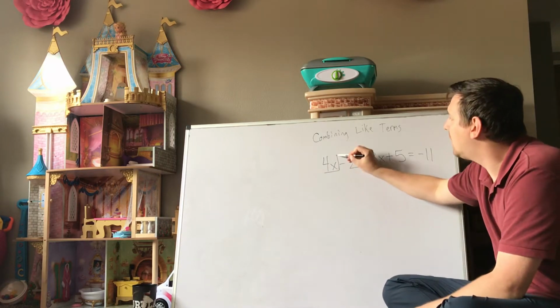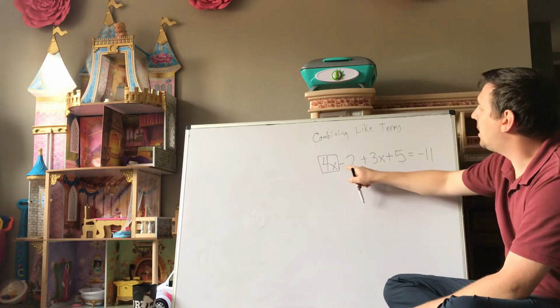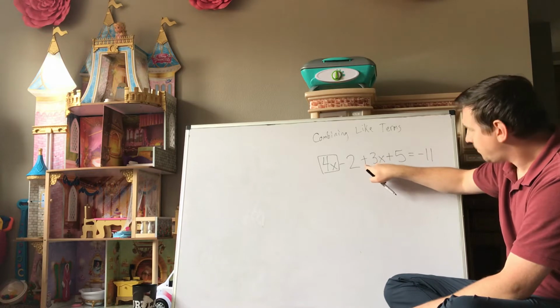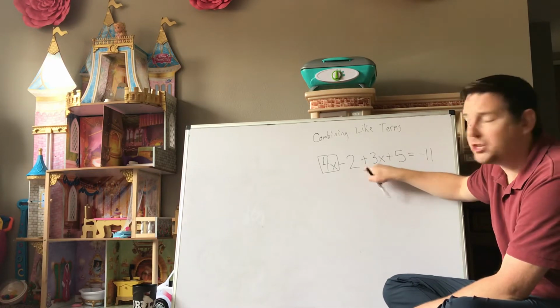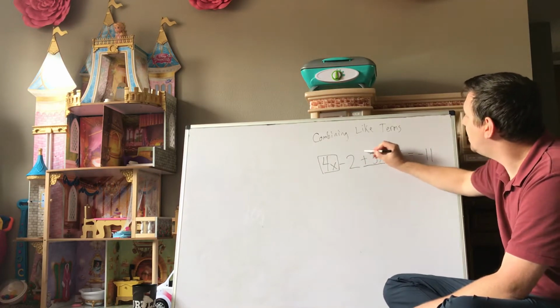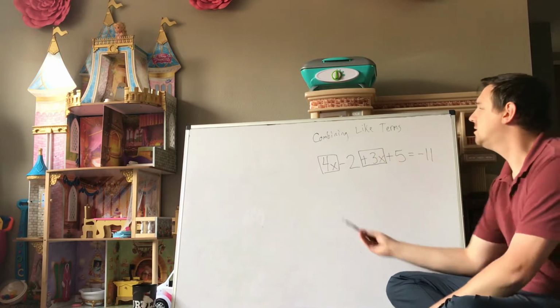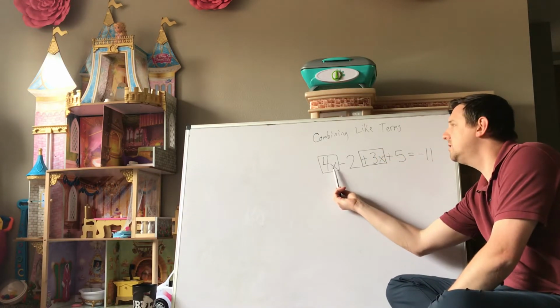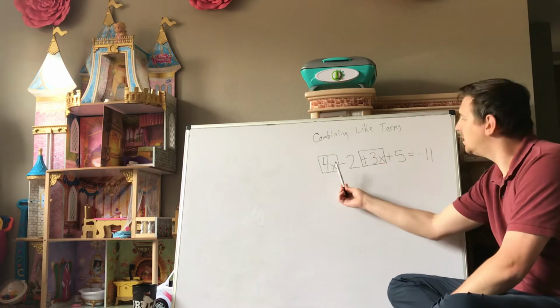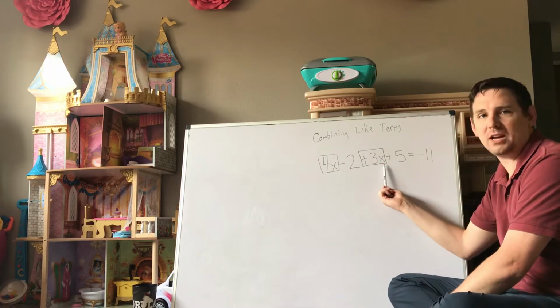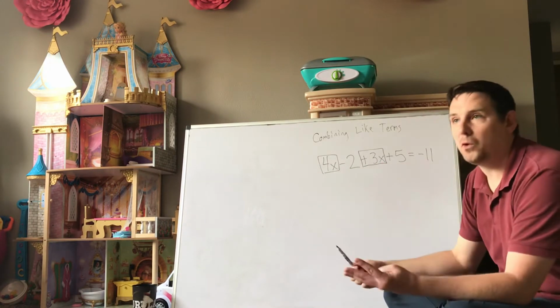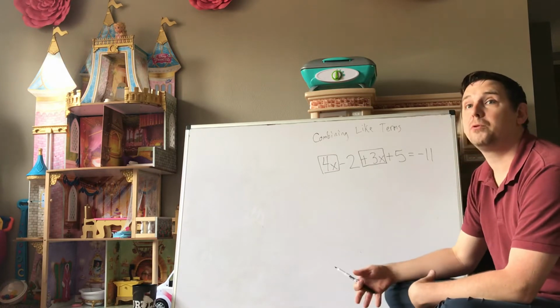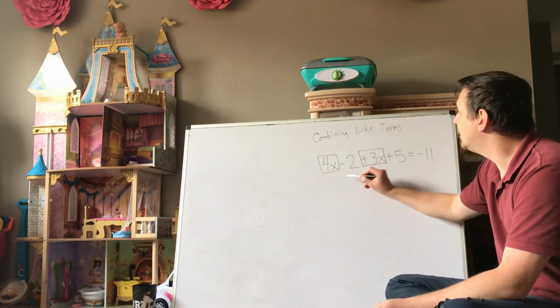I like to box it, and I always box the operation that's in front of the term. So this is 4x's, not minus 3x's. This is 4x's plus 3x's, which would be 7x's.